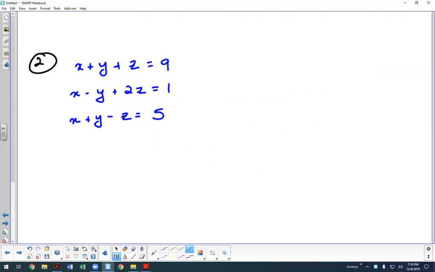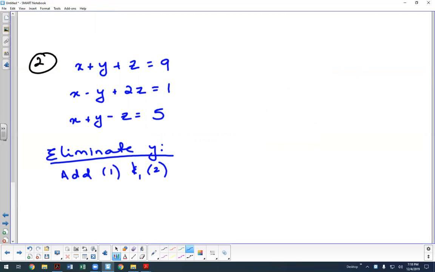So that's my go-to variable first, to find a way to eliminate y. These ones we don't need to multiply by anything. Just start by adding equations 1 and 2, with equation 3 as the third.